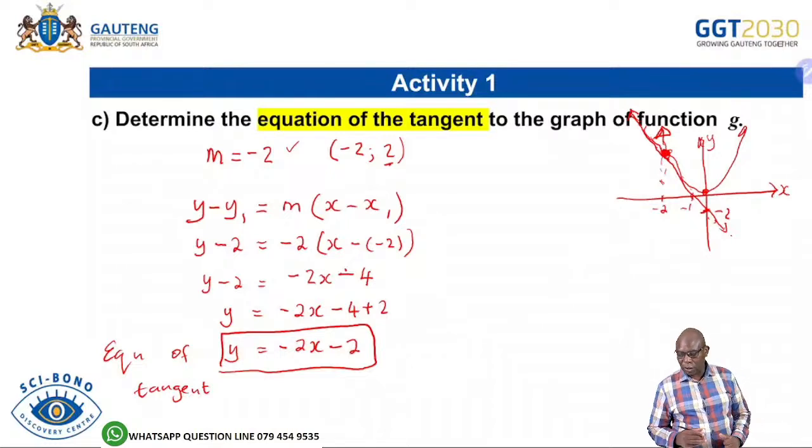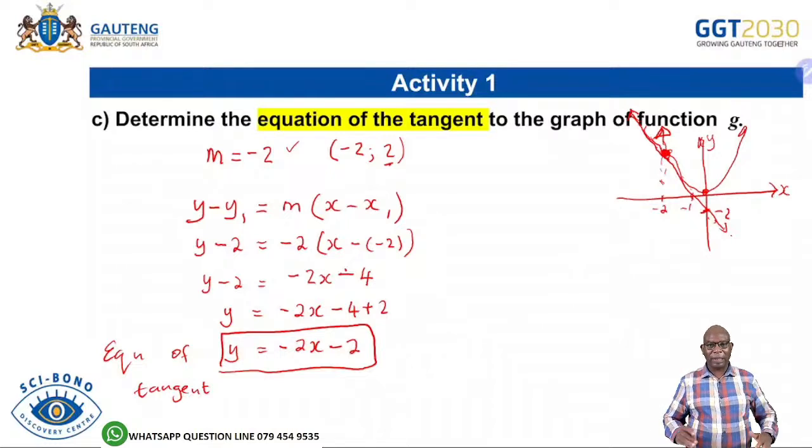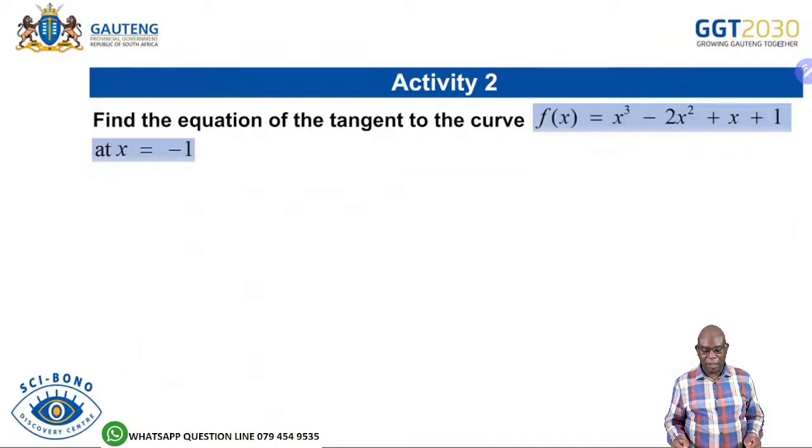But in the next question, you realize that the question was just to determine the equation of the tangent given the graph at x equals 1. So you realize that if they give it like that, it means that all these three steps that we have done in the first one must be there. Let's check that next one.